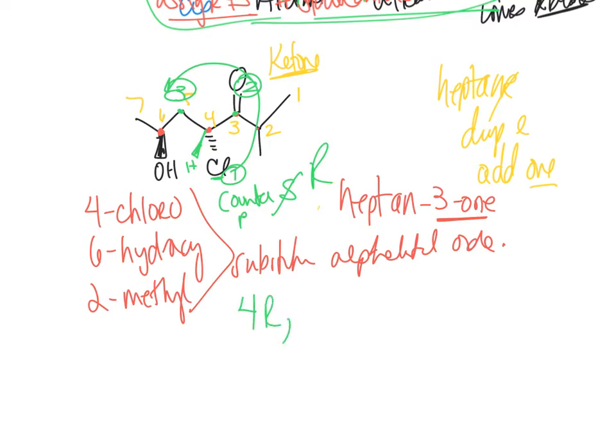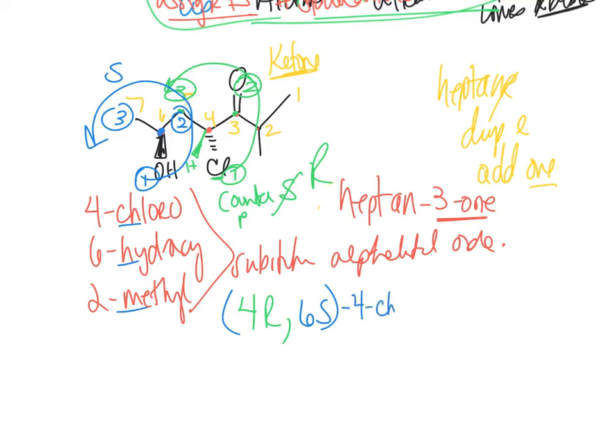And then we do the 6. This is a 1 with the OH. 2, 3. Assign your priorities. 1, 2, 3. Hydrogen's in back, so S stays S. So that would be 6S, parentheses. And then you put these in alphabetical order.